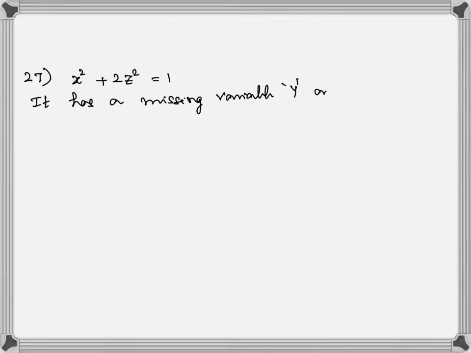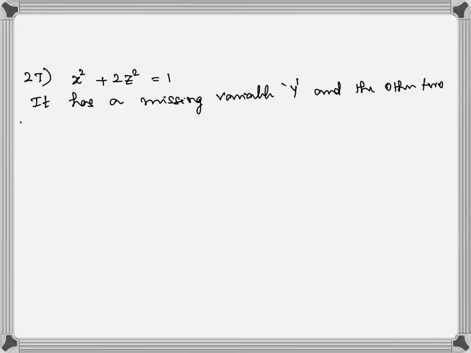The last one is number 27, which is x squared plus 2z squared equals 1, which looks pretty straightforward. Because it has a missing variable y, and whenever there is a missing variable, it has to be a cylinder.